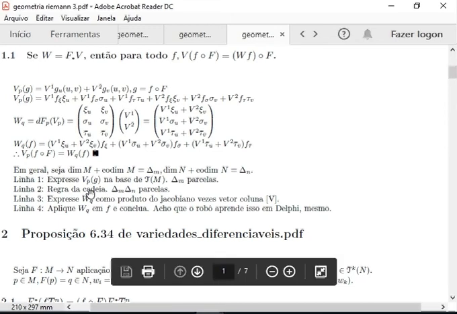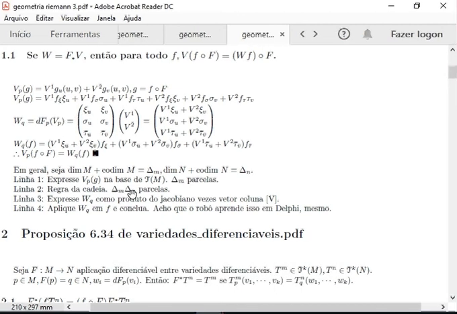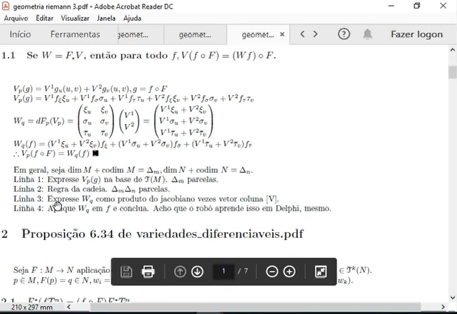Line 2, chain rule: delta M plus delta N terms, 1, 2, 3, 1, 2, 3, 4, 5, 6. So here 2 terms and here 6 terms. Line 3, express W_Q as a product of the Jacobian times the column vector V. Here is expressed. Line 4, you apply W_Q to F and conclude.